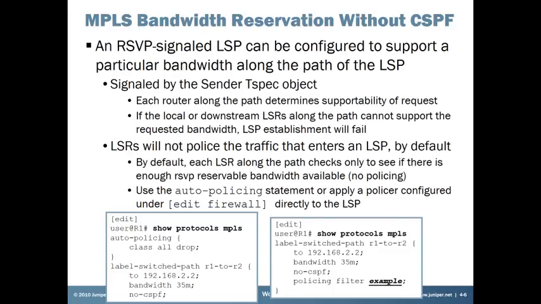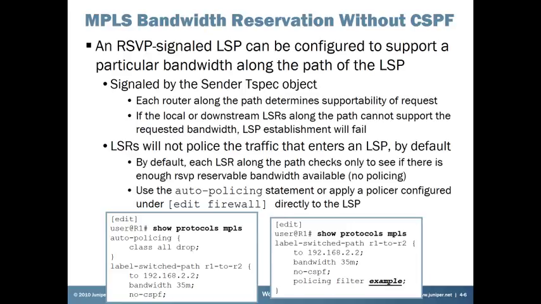And that's the supportability issue. If the local downstream LSR, the label switch router, along the path cannot support the required bandwidth, the LSP establishment will fail. So you'll come back with a message which says, look, I can't build that LSP because the bandwidth is not available.